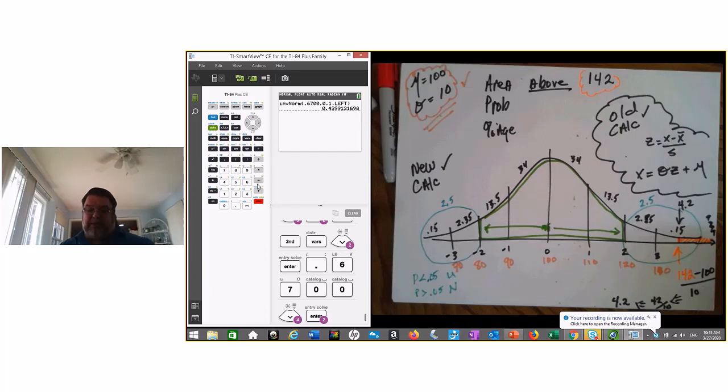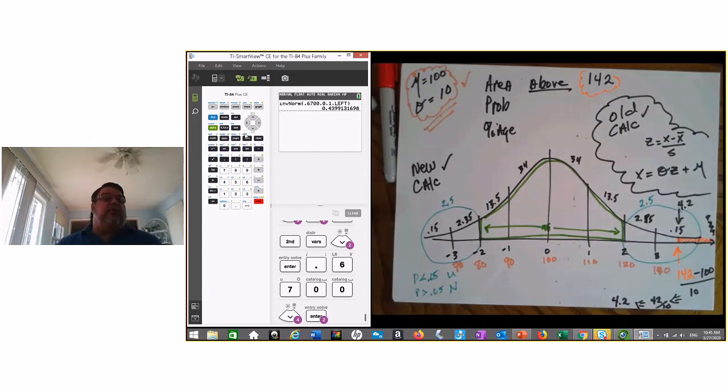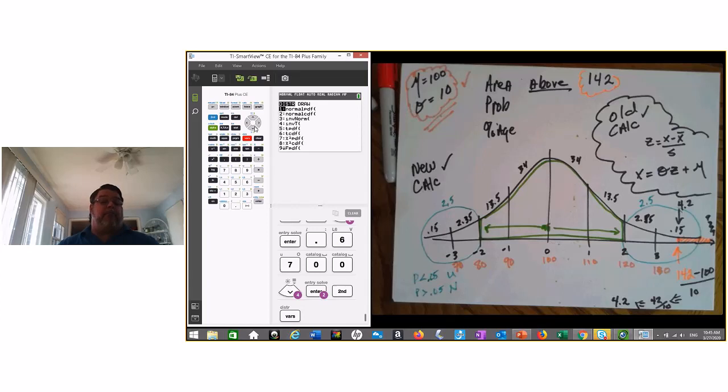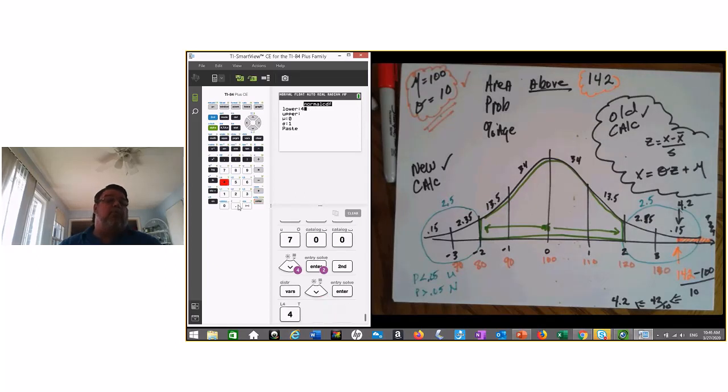So I pull up my handy dandy calculator and I do second, vars, normal CDF, enter, and then 4.2 to 9999. You can put 15 nines in there if you want to. And then hit paste.